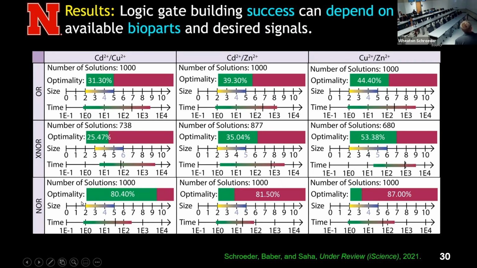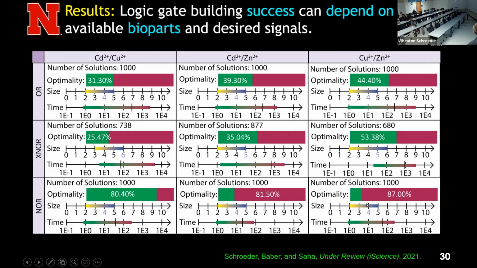We can see that for a complex circuit like a NOR circuit, we can have a very high optimality ratio for cadmium and copper logic tables and solution concepts. But once we start adding zinc in as a desired ligand or signal, our optimality ratio drops off very significantly.